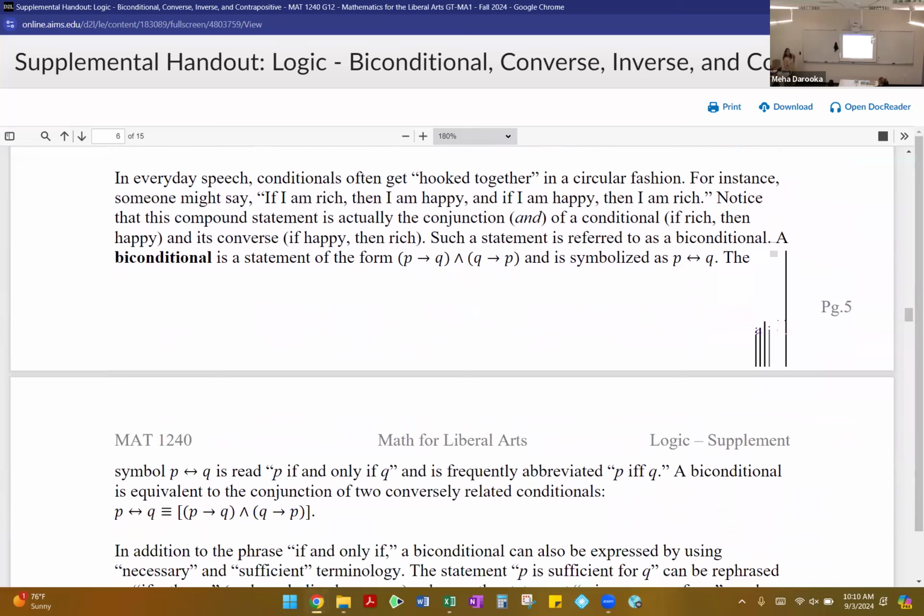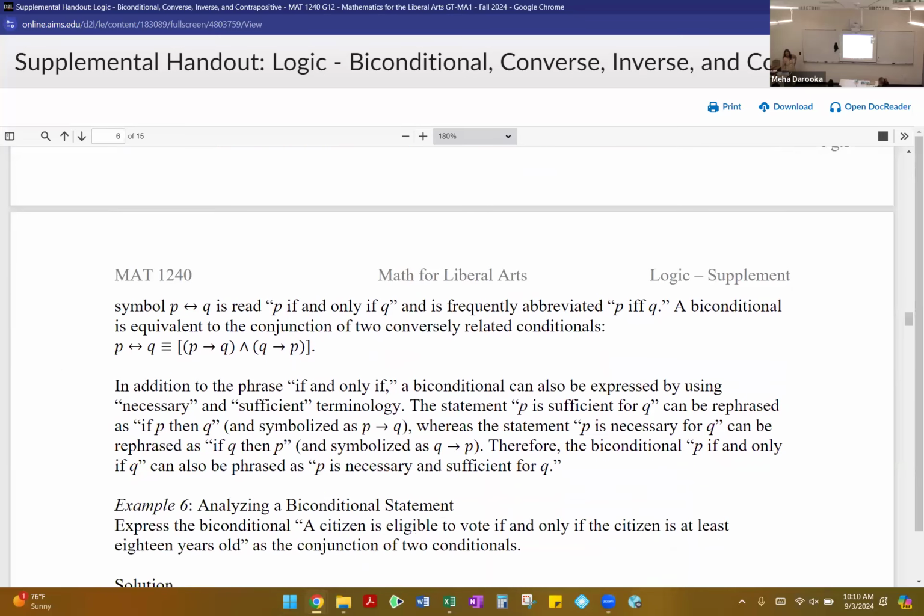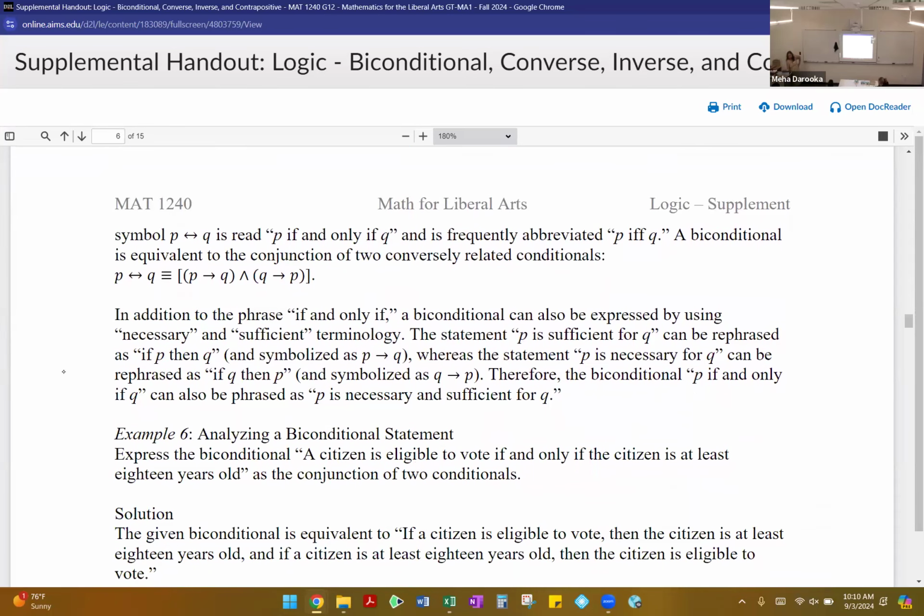In terms of the if and only if statements, that would be: if and only if I am rich, then I am happy, is what it would sound like in English. So that's your biconditional with the double-headed arrow. Sometimes to shorten up if and only if, you can use the word iff, with two F's, which also symbolizes the double condition, the biconditional statement. But like I said, broken down, this is what that statement would end up looking like.